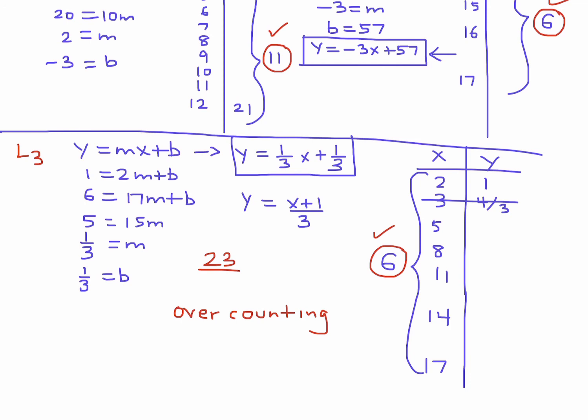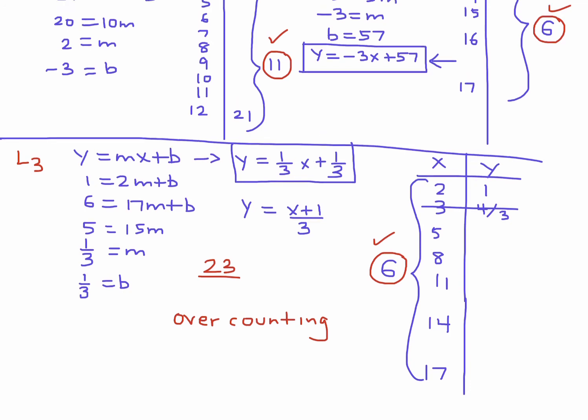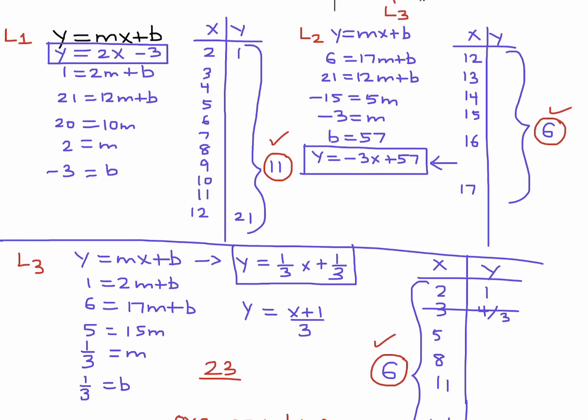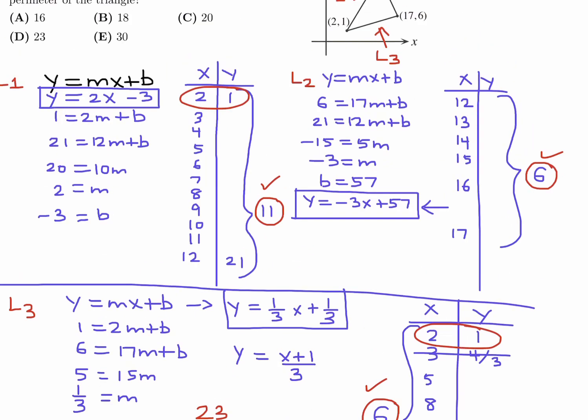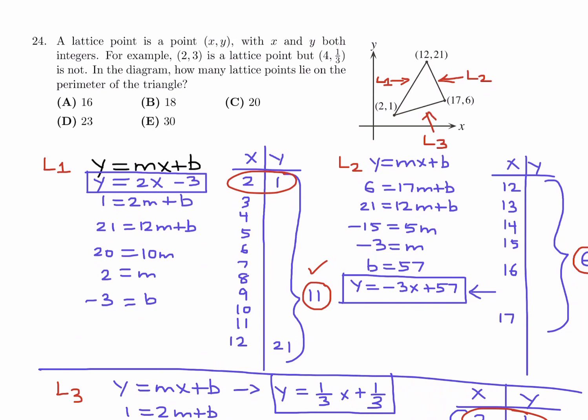So, why did we overcount in this question? Because you can actually probably see it here. Look at that. I don't even have to really illustrate it. Do you see? Immediately, I counted 2 lattice points twice. Where? On each of the corners.